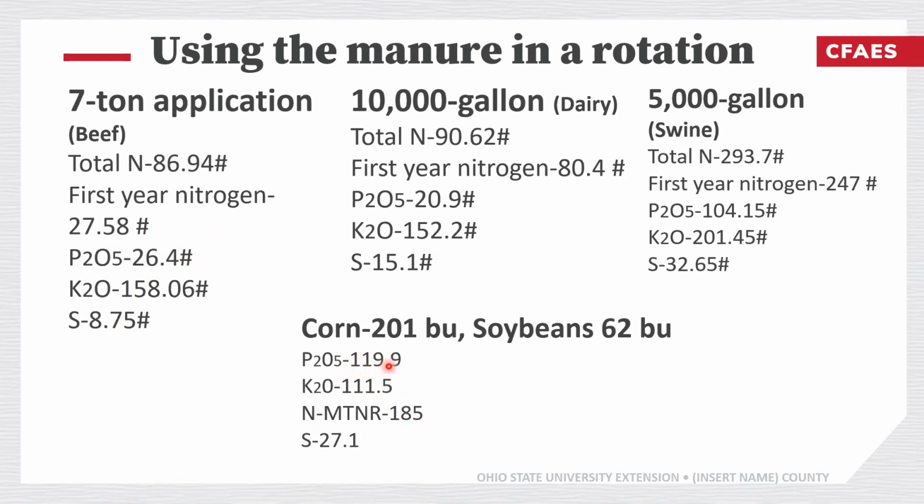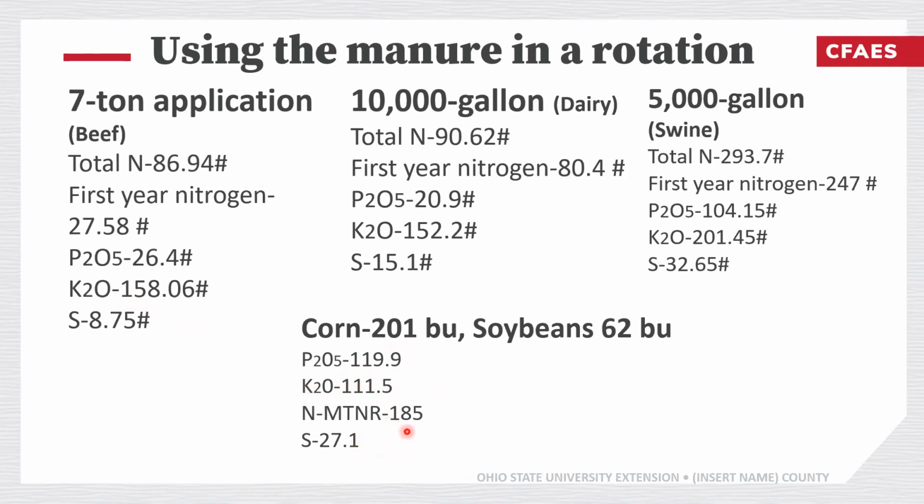So at 119 pounds of P2O5, if we take that 26 off, we're only going to need to apply right around 90-ish pounds of that P2O5 to meet our needs, 93 pounds to be exact. K2O, we've more than met our potassium needs as K2O. We put on 158 pounds and we only needed 111, so we're building that soil sum for potassium.